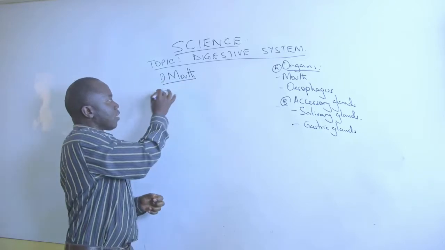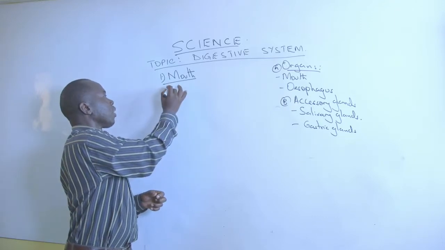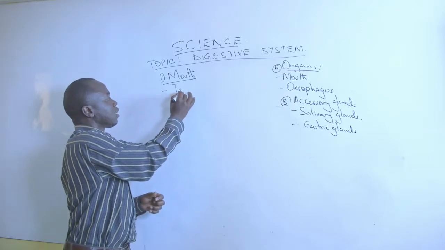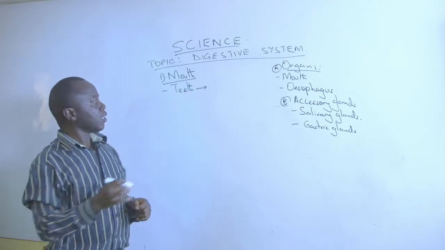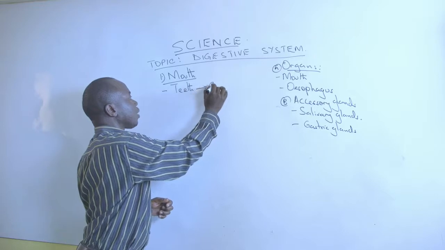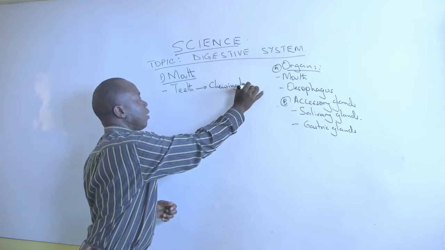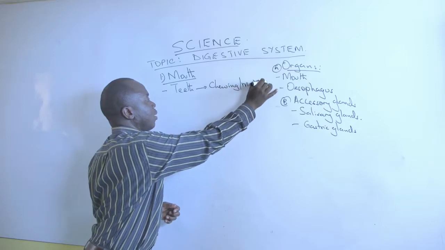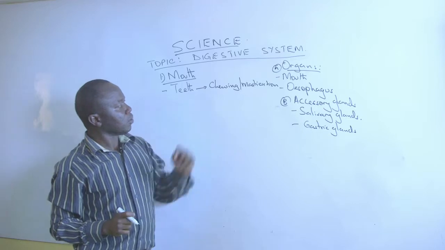In the mouth, if you look at the mouth of any human being, we have structures like teeth. The role of teeth is for chewing, or, in biological terms, mastication. So what is chewing or mastication?